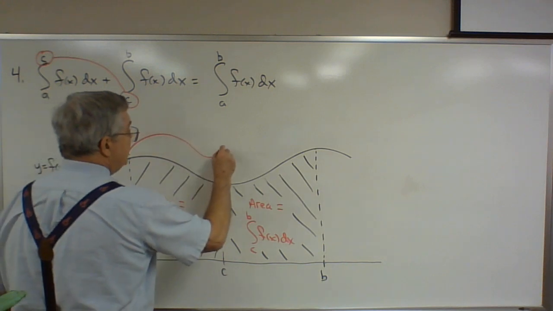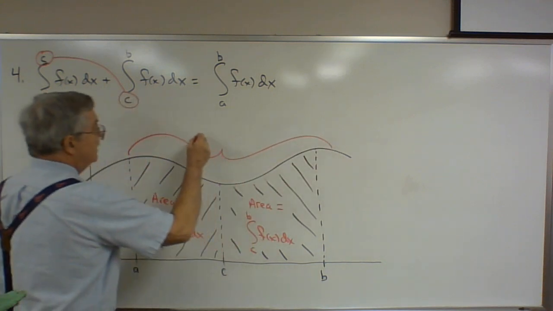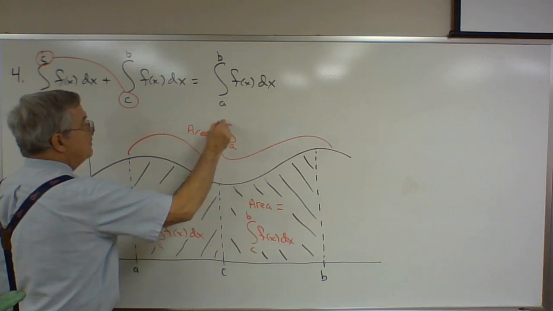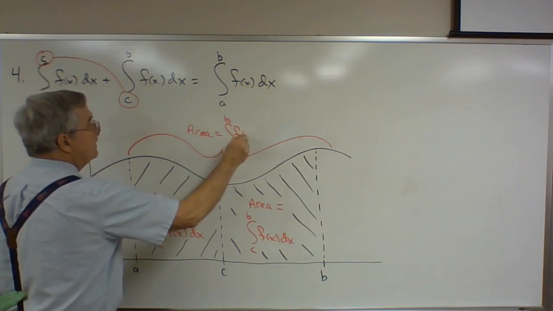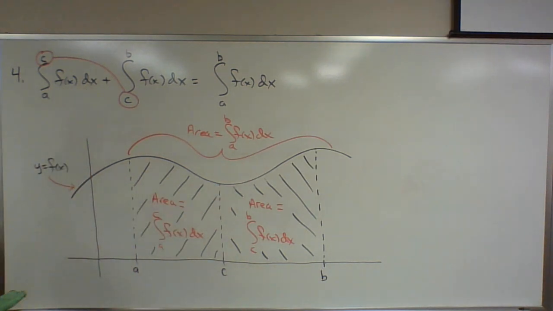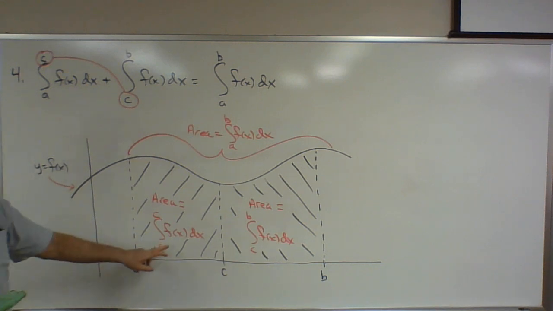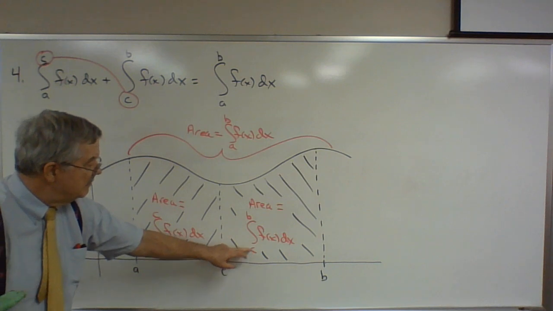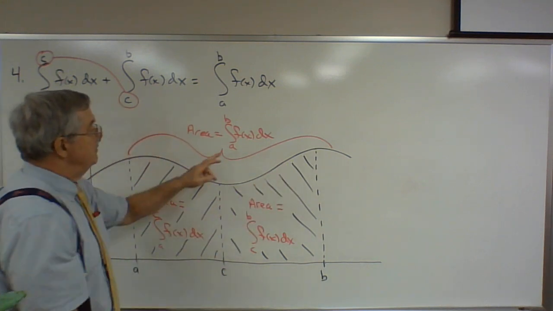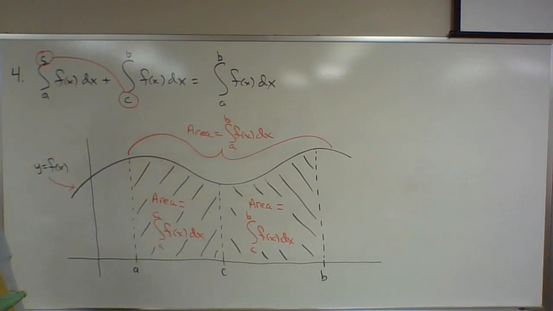That whole thing is the integral from x equals a to x equals b of f of x dx. So there we have it. This area, the integral from a to c, plus this area, the integral from c to b, is equal to the whole area, the integral from a to b.